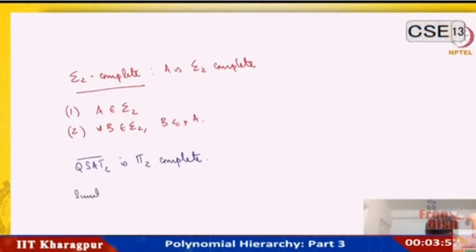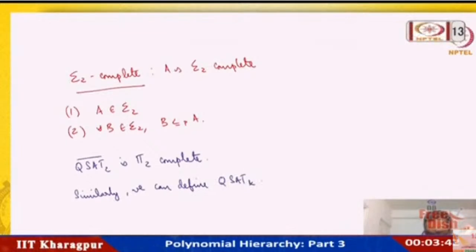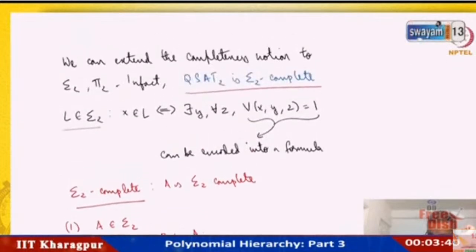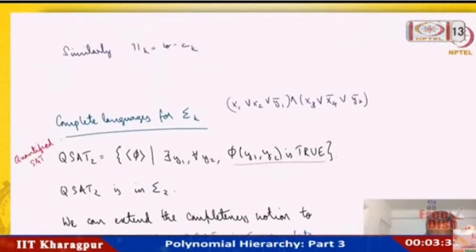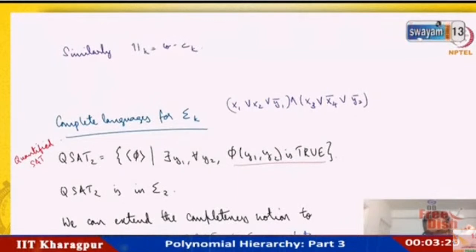And similarly, we can define QSAT-K where we start with the existential quantifier and we have k quantifiers alternating. So here we have started with the existential quantifier in QSAT2, right? And there are two quantifiers, there exists and for all.